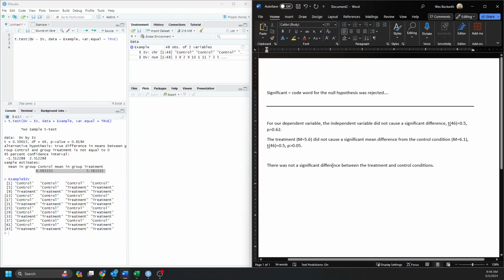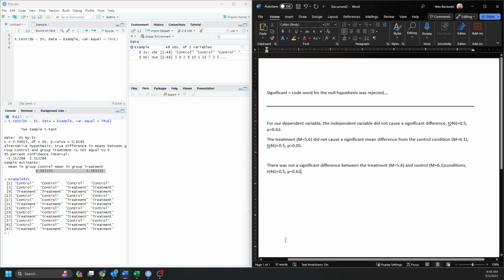Then we add the statistics. The mean for the treatment condition is 5.6. The mean for the control condition was 6.1, and then critically we also need to report our t-test because we're talking about a significant difference or not, and that would be t(46), again our degrees of freedom, equals 0.5, and then p, in this case let's do an exact p-value, was 0.62.